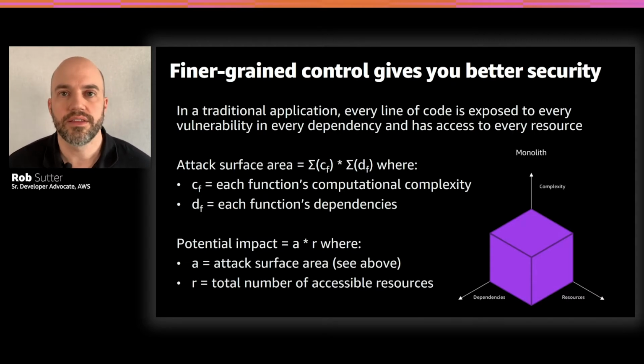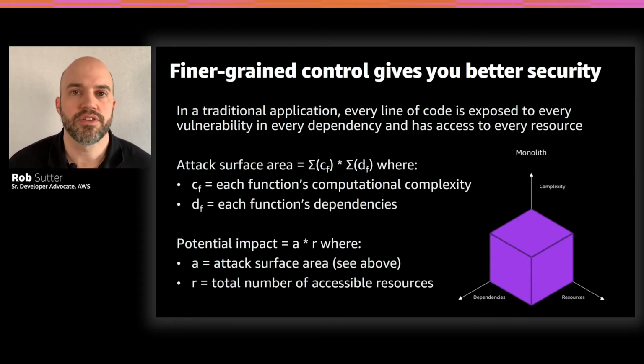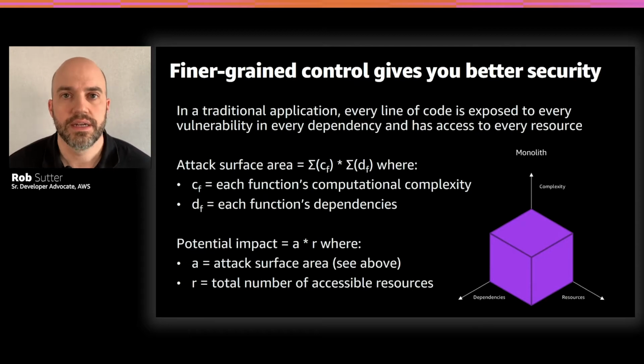You'll rely on first or third-party dependencies to solve known problems. However, any use of a dependency introduces a risk. In a monolithic application, any risk introduced by one dependency has the potential to access any resource used by any other component of the application. There's a formula here on the slide, but it basically shows you that complexity and risk grows cubically in a monolithic application.